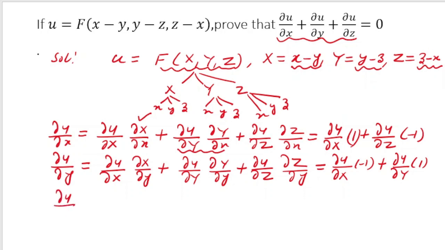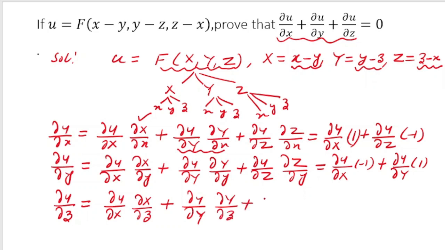Finally I calculate del u by del small z: del u by del capital X, del X by del small z, plus del u by del capital Y, del Y by del small z, plus del u by del capital Z, del Z by del small z.